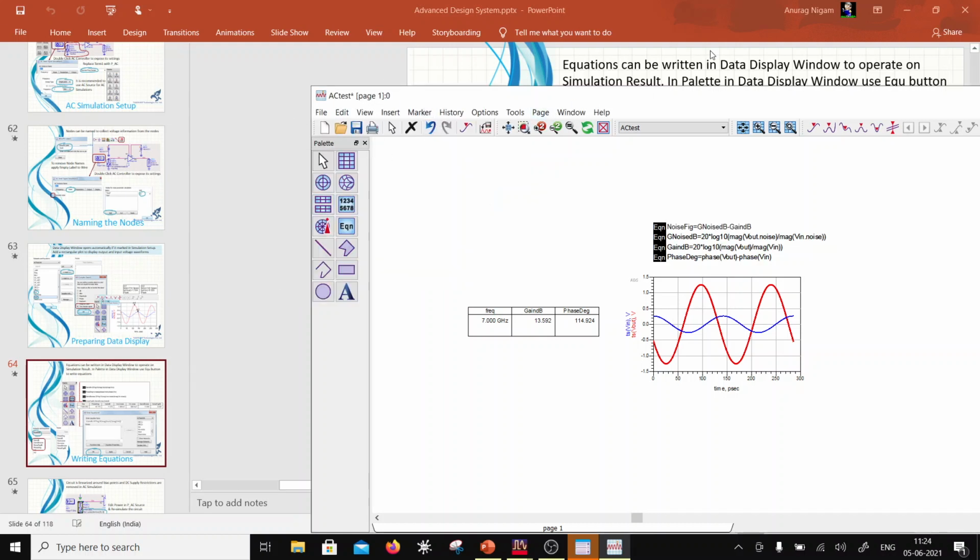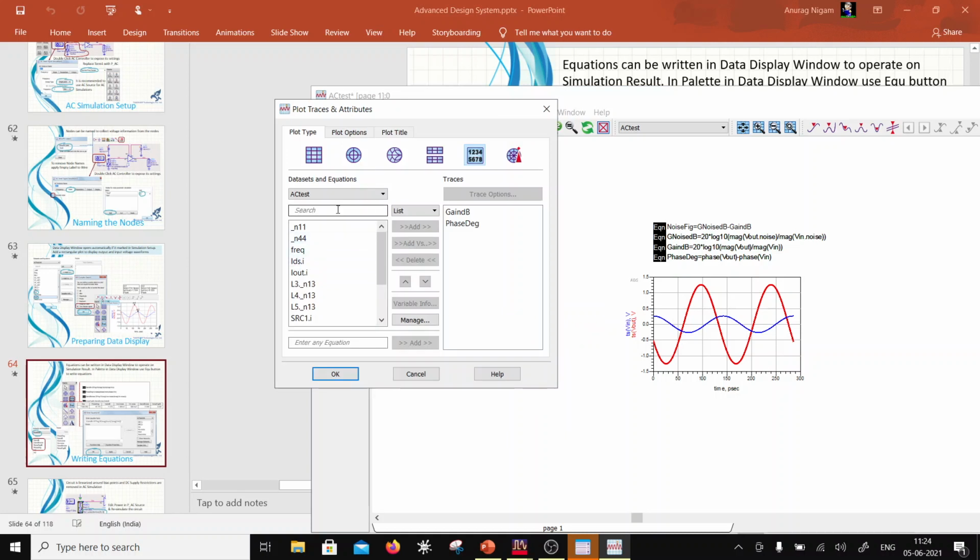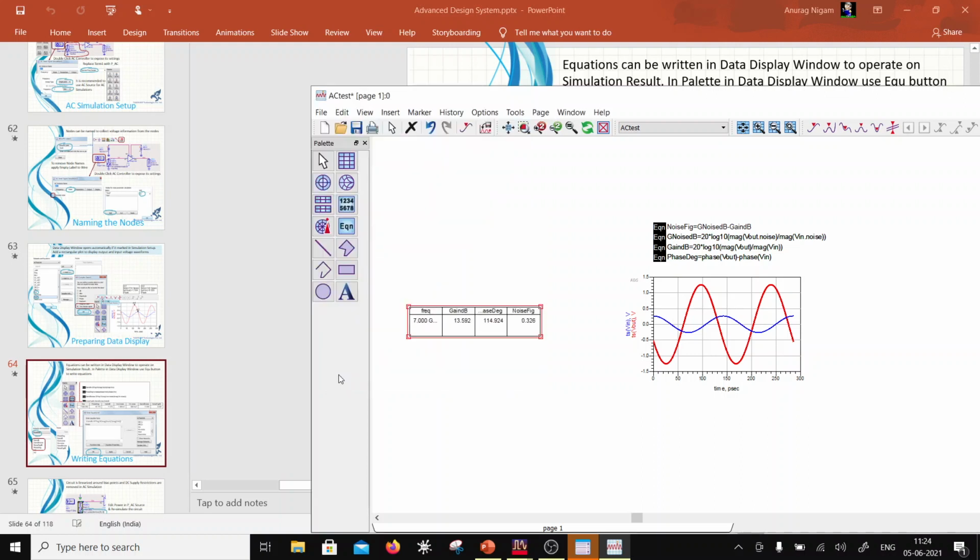Correct? So that would be the noise figure. So let's add the noise figure over here. Okay. So that's 0.326 dB.